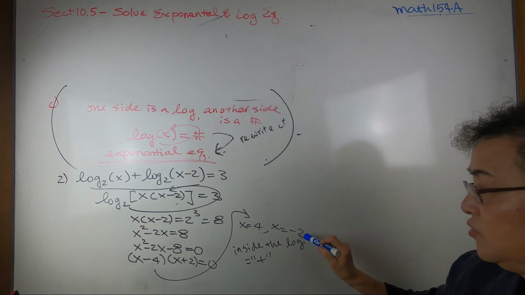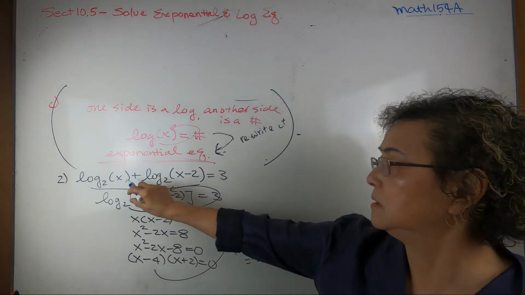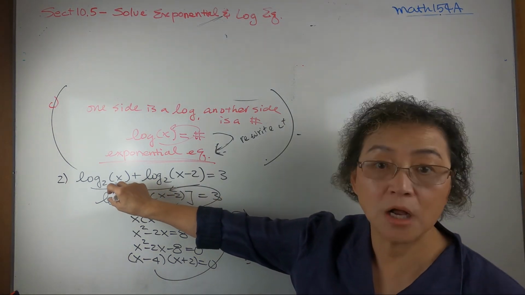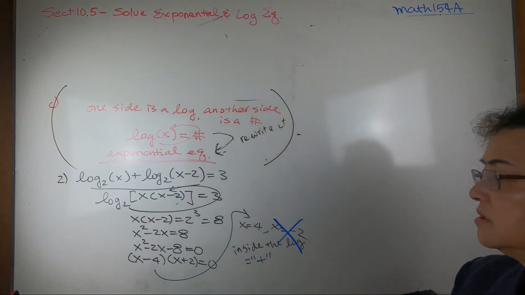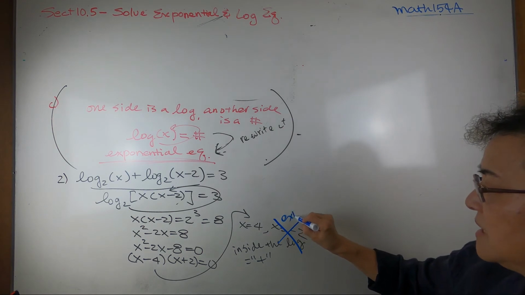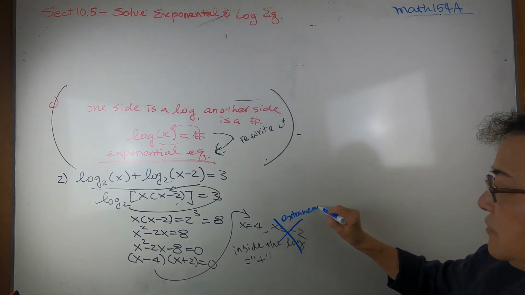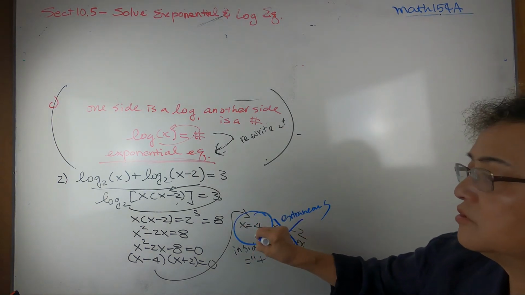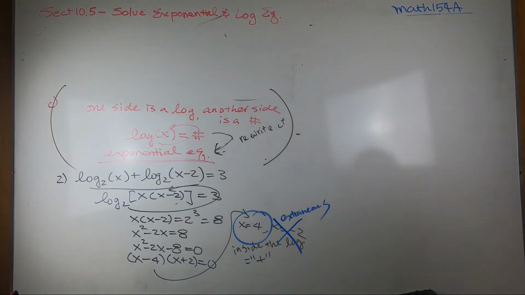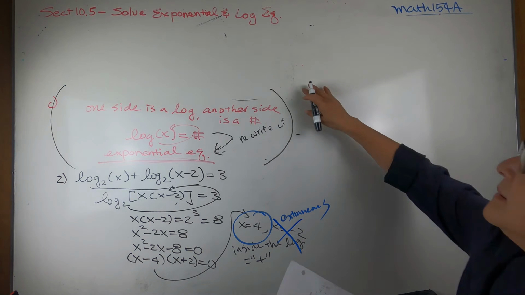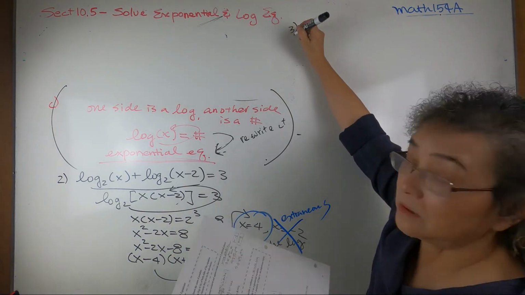But if you use x equals negative 2, the inside of the log becomes negative. So you cannot use it. So this one is extraneous, right? So you can only circle one answer. Got it? Make sure you remember it.